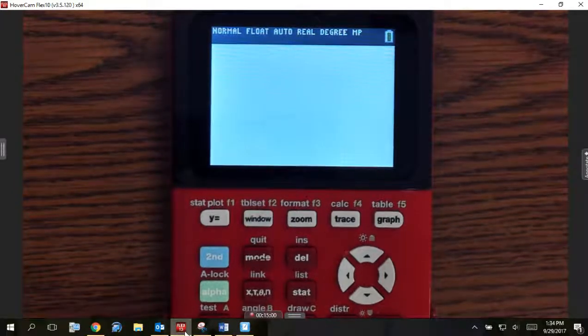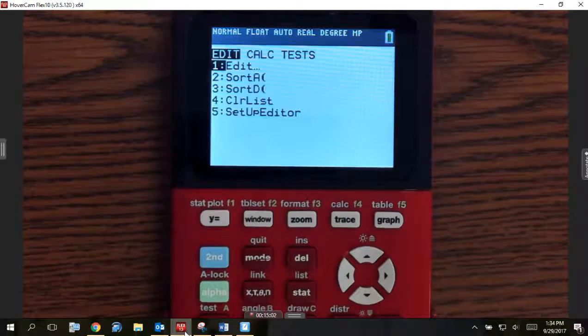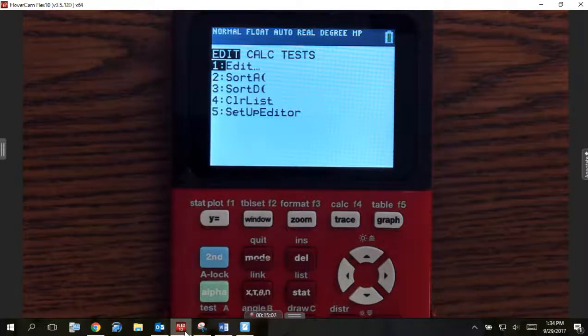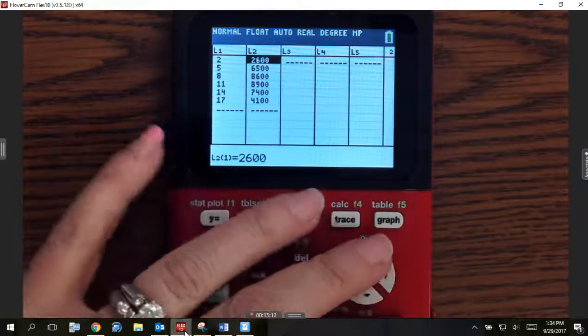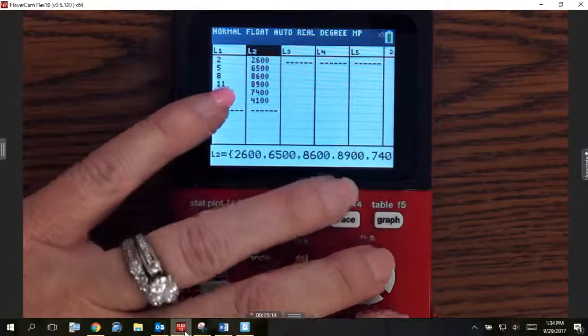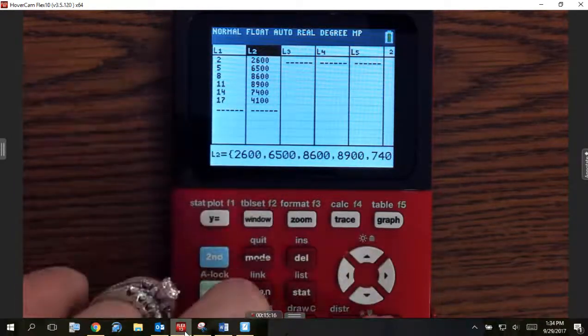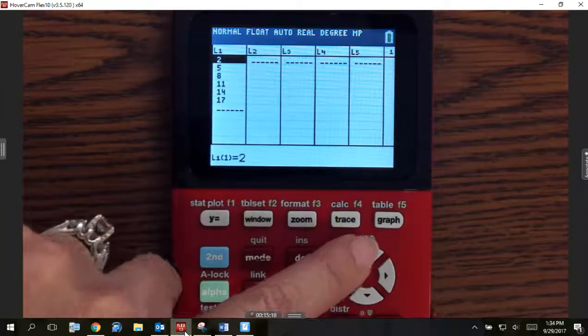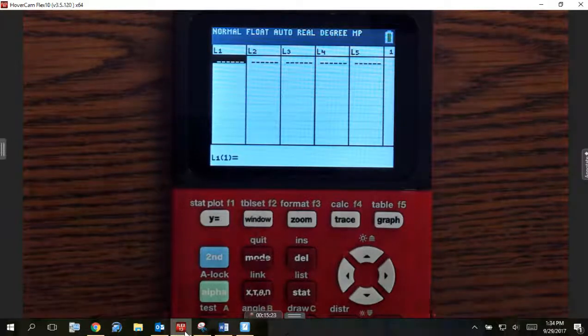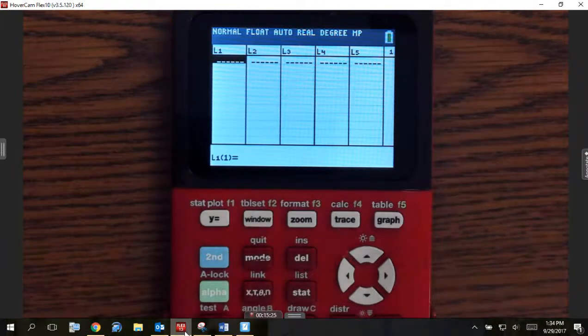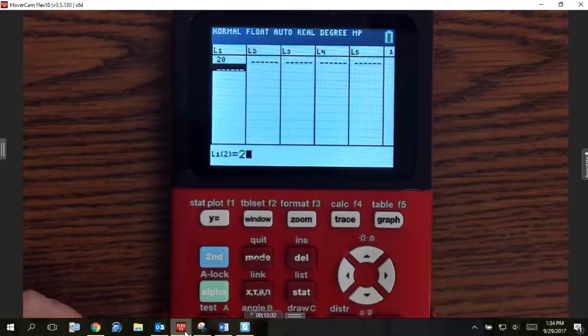Remember stat? And then how do we enter stuff in? Edit. If you want to clear the whole column, you go up to the L1 or L2 and you hit clear, enter. That's how you clear it all out. And then we are typing in the fuel efficiencies of a vehicle at different speeds. So go ahead and type in your X's and your Y's.